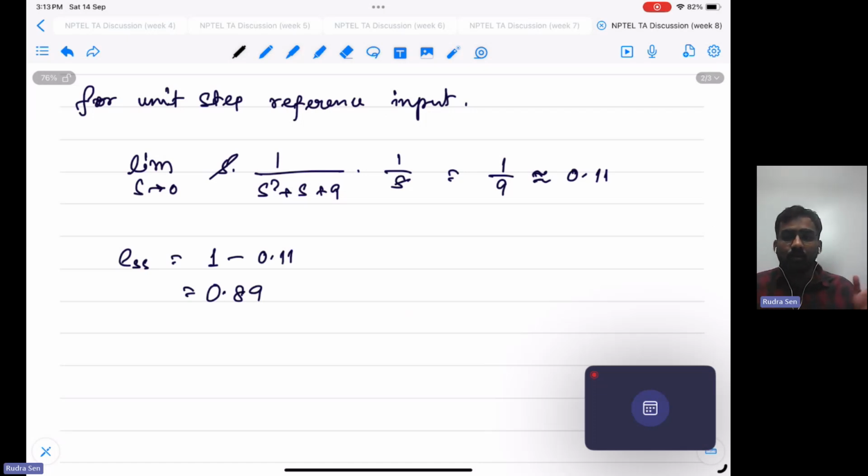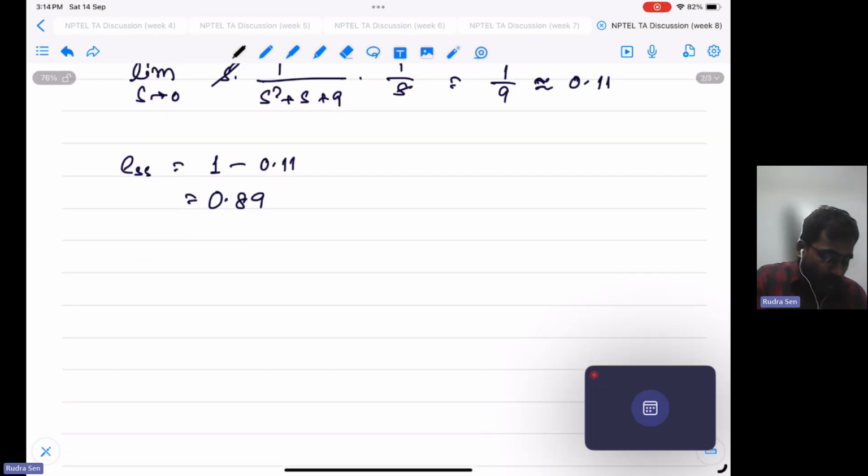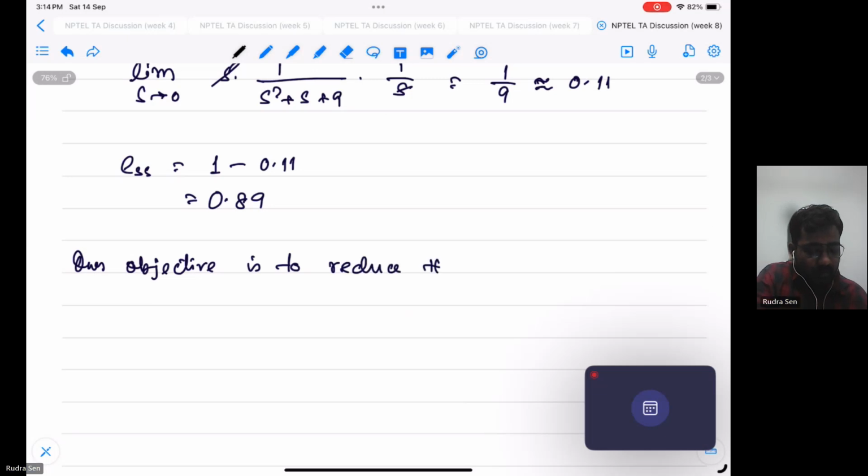So we need to reduce this error, because what is our objective? Our objective is to reduce the steady state error.